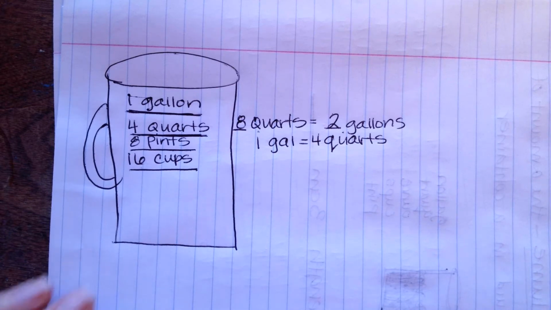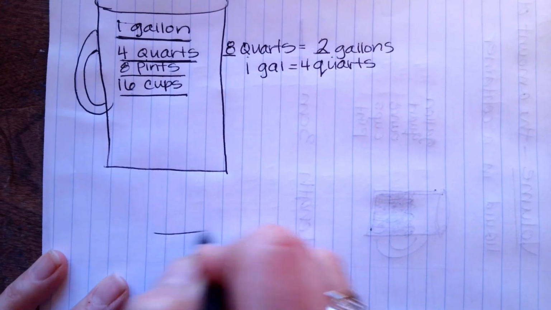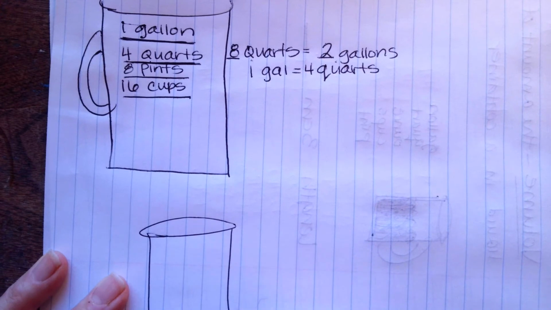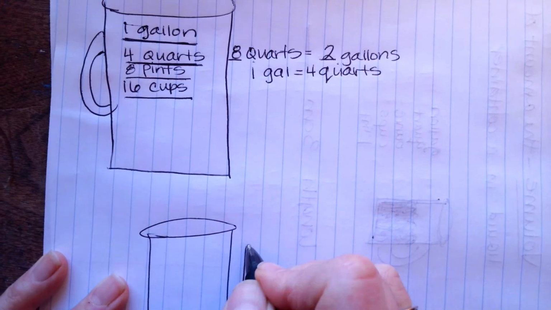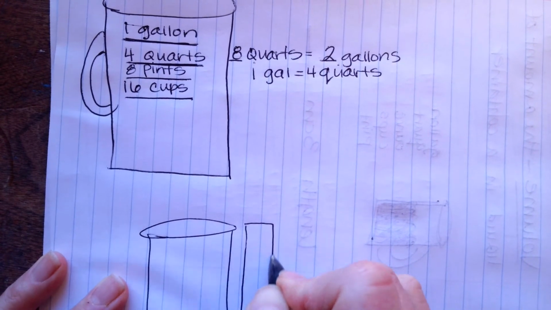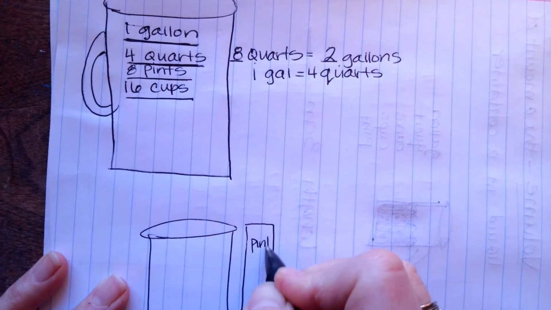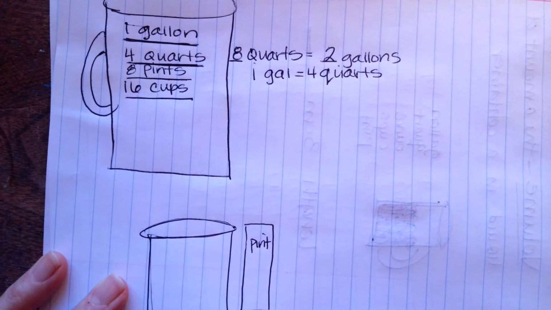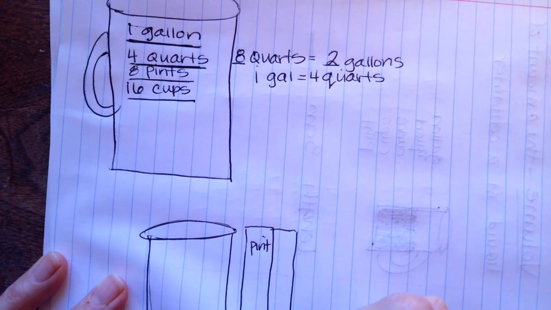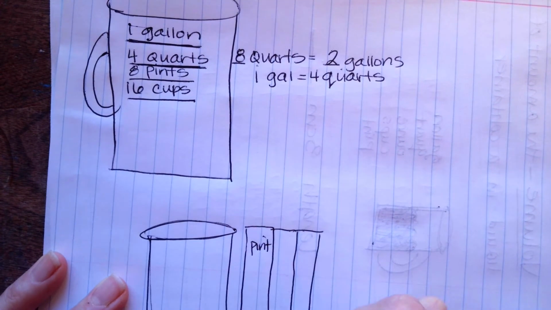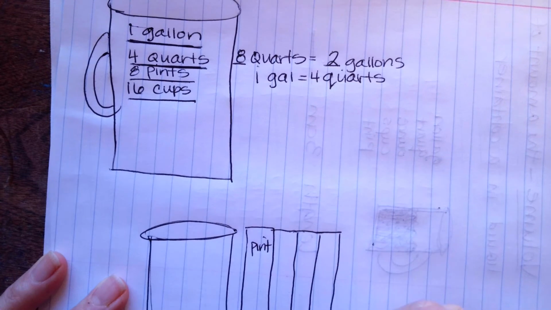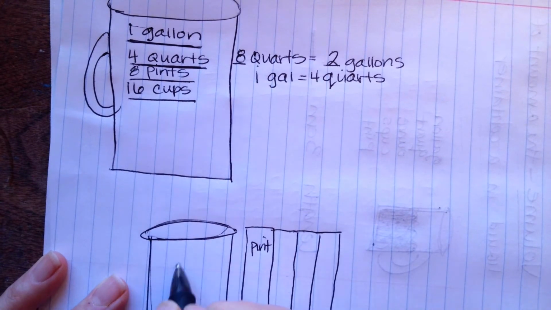Okay, so you have a big gallon of milk in the refrigerator. If you had smaller containers, like this would be a pint right here, in order to equal the same 1 gallon, you would have 4 of these smaller ones that would equal about this size.